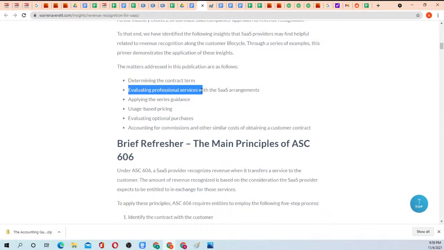Evaluating professional services with the SaaS arrangements. That's also an important issue, because if you have in your contract both SaaS services, so when you pay for Google Drive with Gmail, I don't know if anyone pays, but I don't pay. I just open a new Gmail and get free 15 gigs.